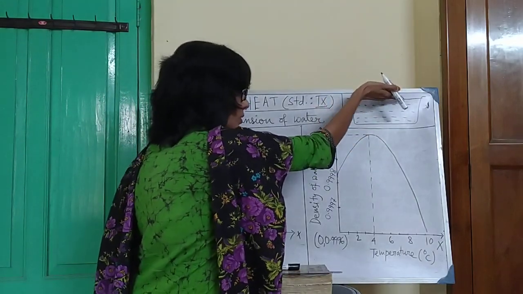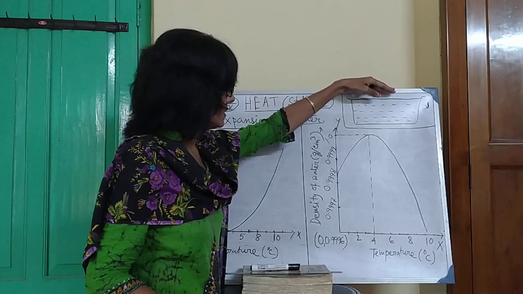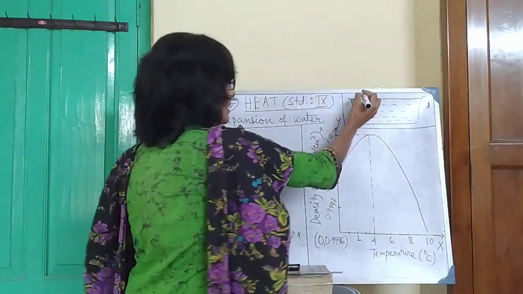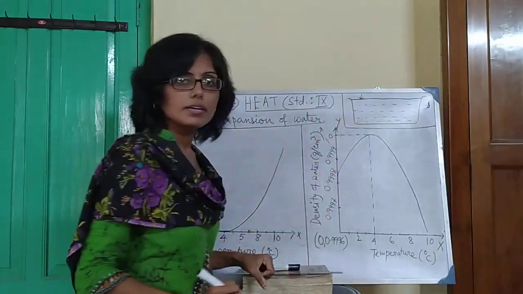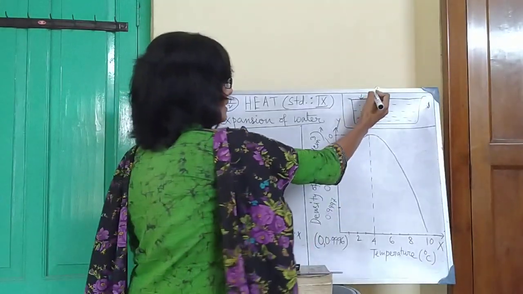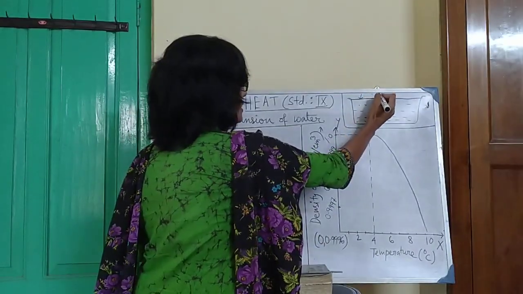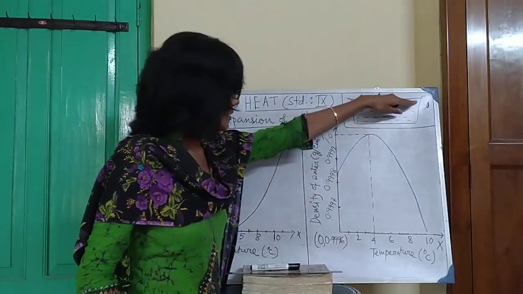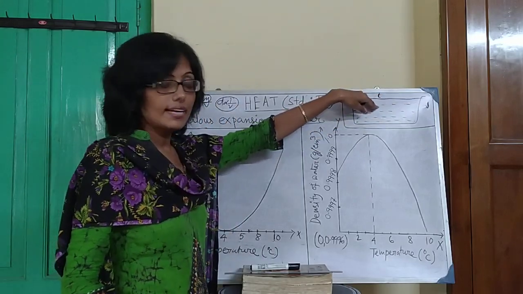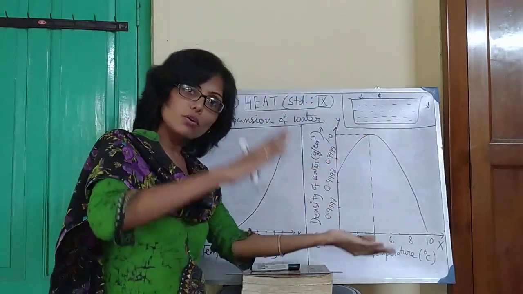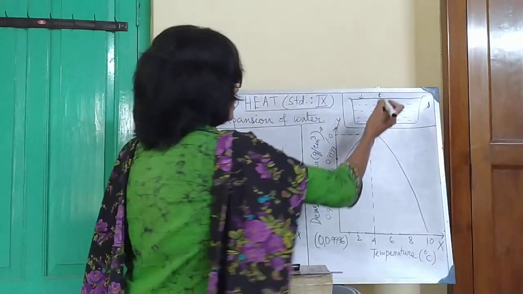The layer of water that is adjacent to the atmosphere will absorb heat from the atmosphere. If the temperature of atmosphere decreases, then the layer of water that is adjacent to the atmosphere will also decrease, right?